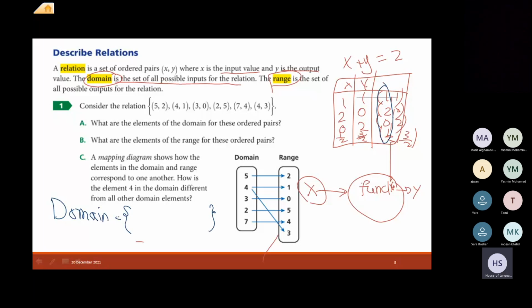What are the domains here? 1, 2, 0, half. Bravo. This is the domain. Now, what is the range? What are the values of y here, Layal?